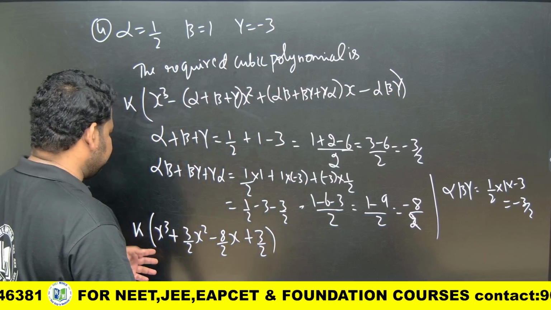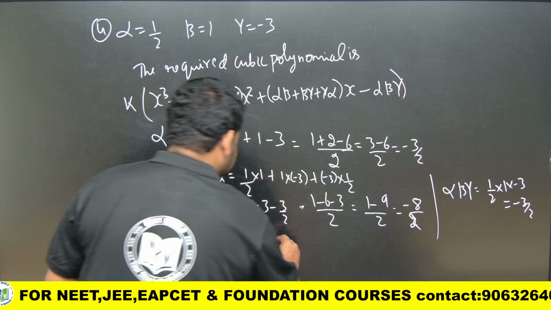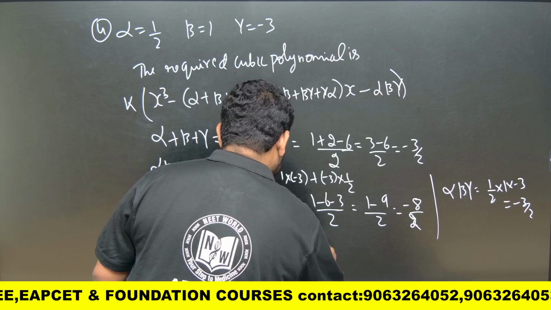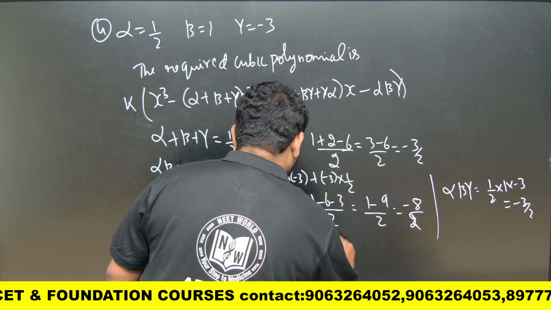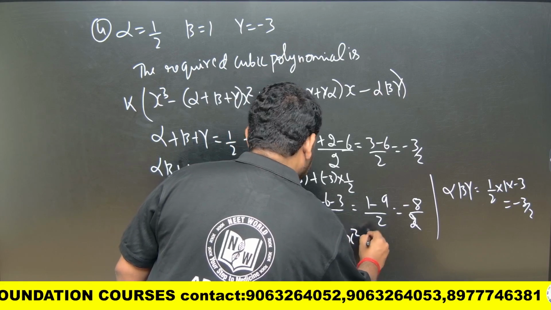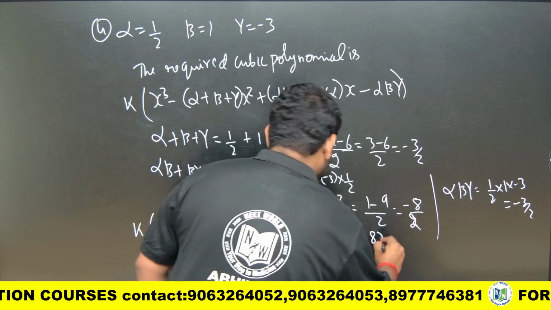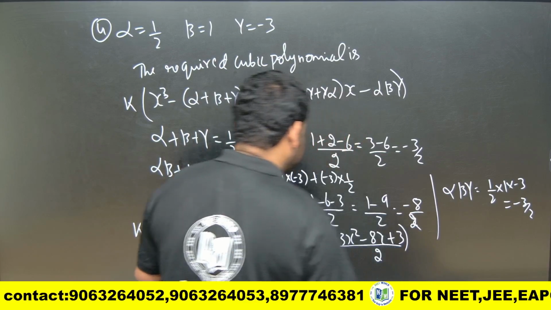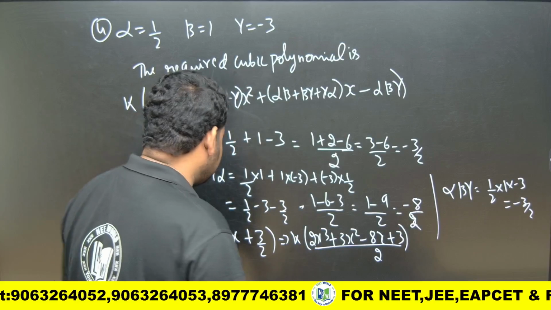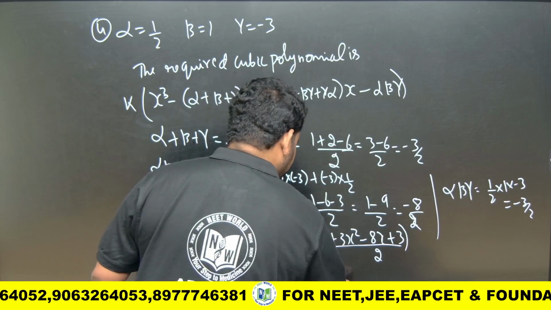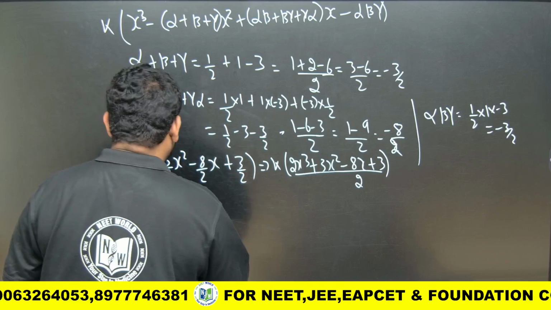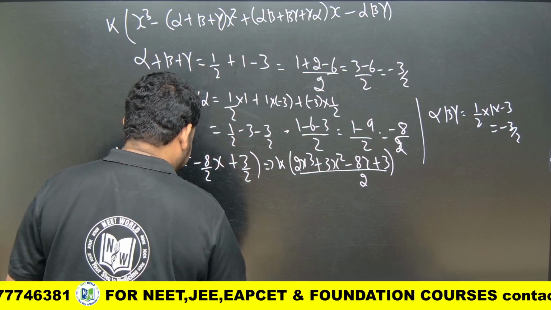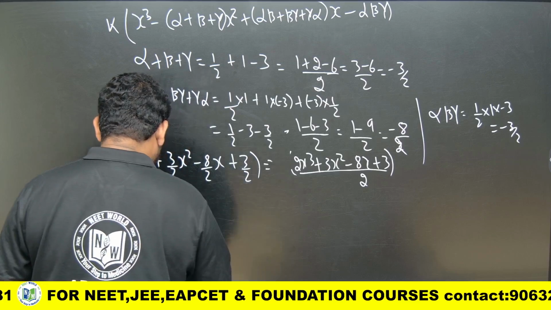Now, if I take LCM, I will get k times 2x cube plus 3x square minus 8x plus 3 by 2. Here I can remove k.